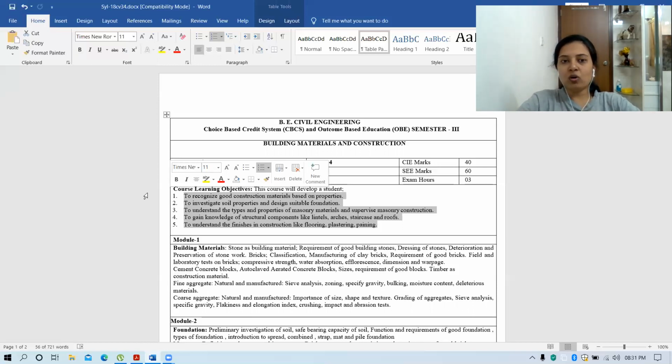You should also learn about lintels and arches of various types, and you should be able to recognize what type of arch it is. You should be able to design the staircase, and you should be able to recognize what type of roofs and floors there are even at first look.